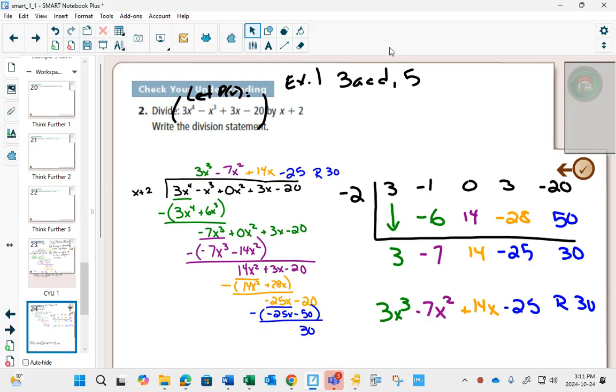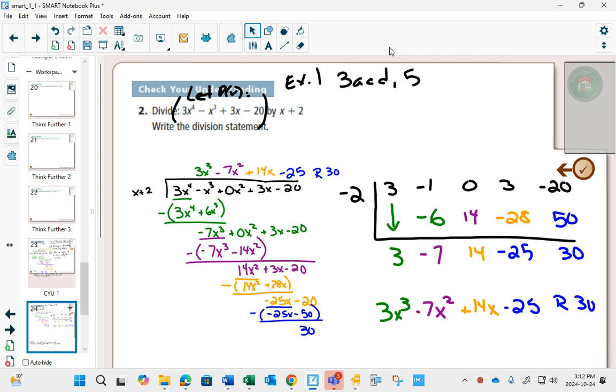What's nice about synthetic division is they say, well, these first ones always subtract to be nothing. We're wasting time writing them down. Instead, the 3 is going to multiply the 2 to get the 6. So that's why the 2 times the 3 gives us the 6. And then, with the negative there, we add instead.